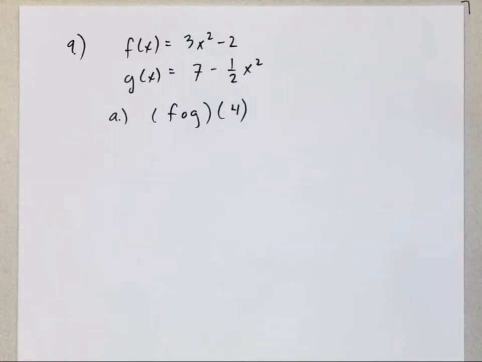Now here's the thing about composite functions. They're really not very hard, but the whole key is every time I ever work a problem with composite functions, the first thing I do is always rewrite it and I turn it into what I'll call a pure function problem.